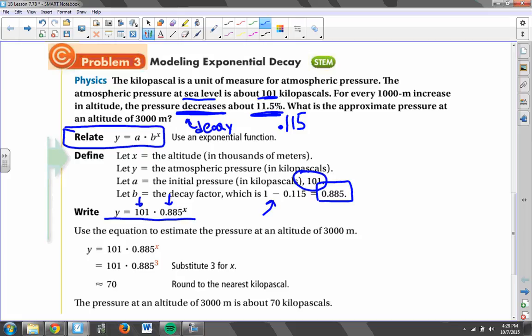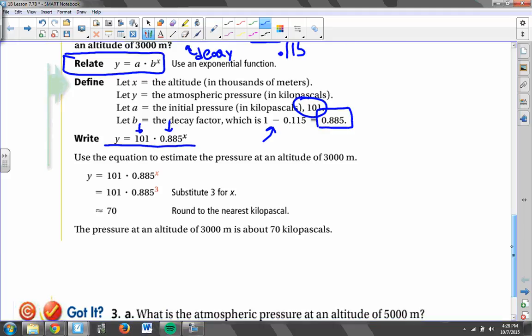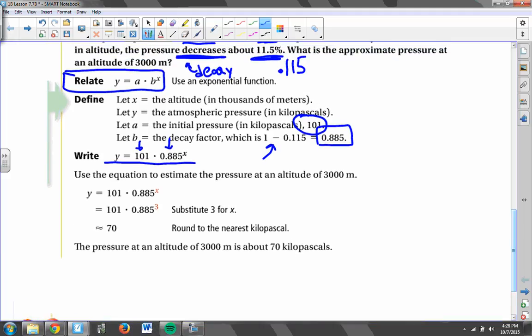From there, all I need to do to answer this question is decide what is the atmospheric pressure at 3,000 meters. Now remember that our x number, which was altitude, is already in thousands of meters. So at 3,000 meters, our x value should be 3.